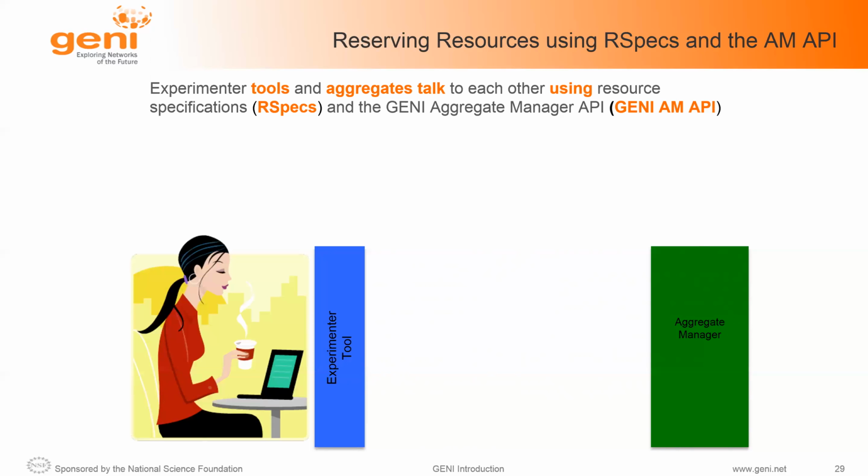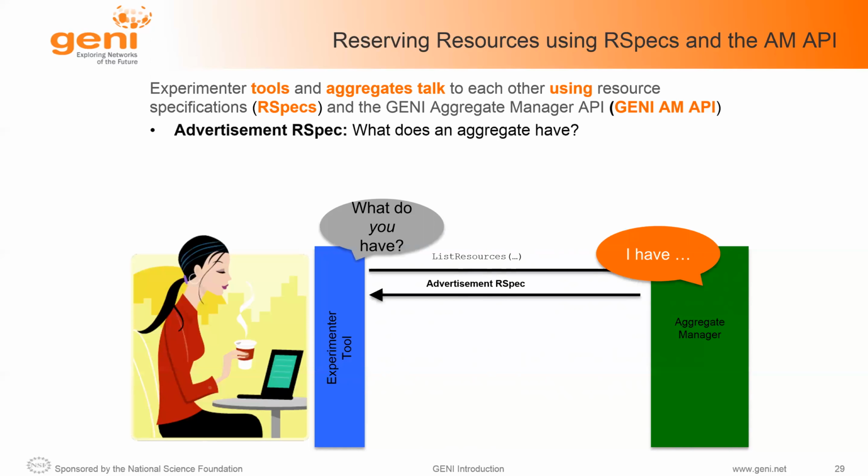So that's where you have the aggregate manager come into play. Asking what you have, an advertisement RSpec responds with what the resources are available, and then there's a request RSpec to create that particular sliver at that aggregate, and then the allocation is made.